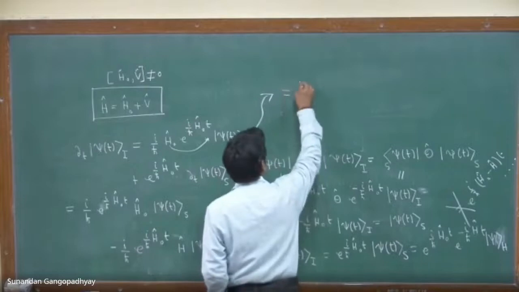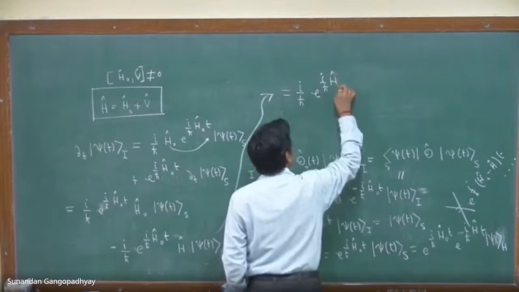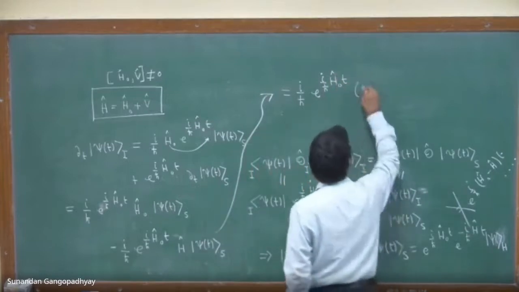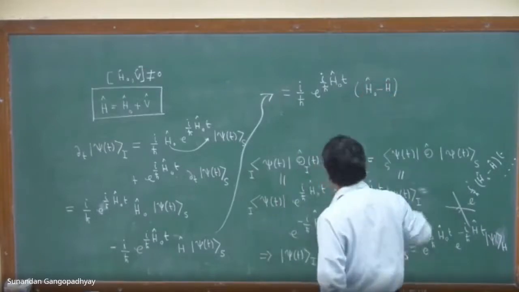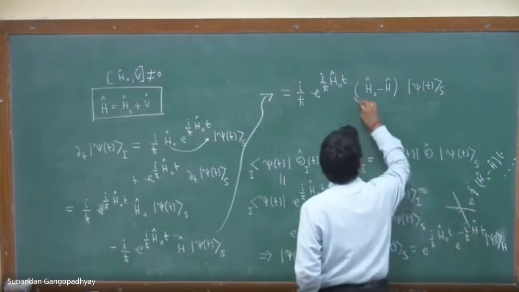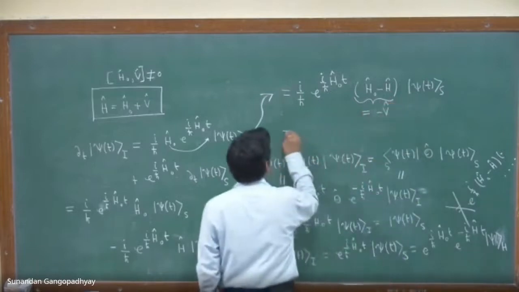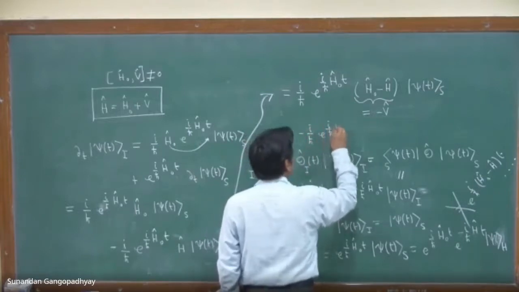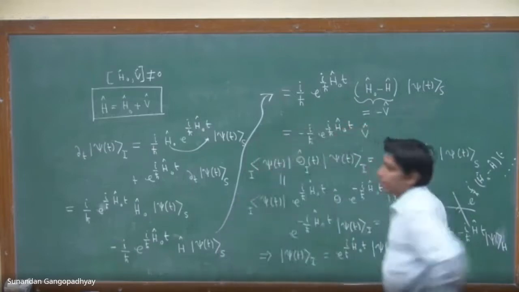We can write this as i by H bar, e to the power of i by H bar H hat naught t, times H hat naught minus H hat, psi t S. But this thing is nothing but minus V hat. This is equal to minus i by H bar e to the power of i by H bar H hat naught t, V hat, psi t S.